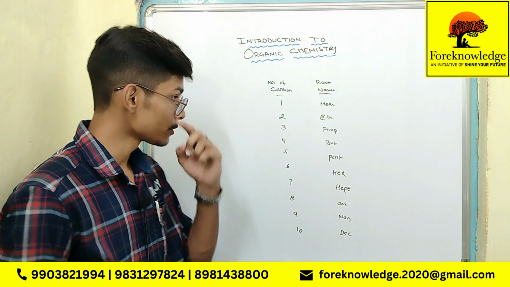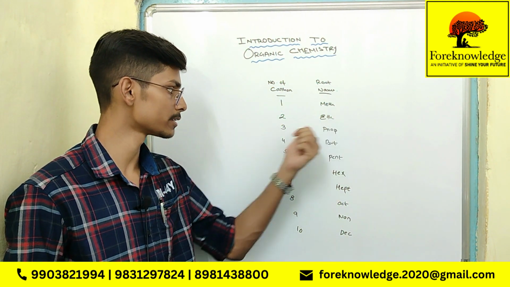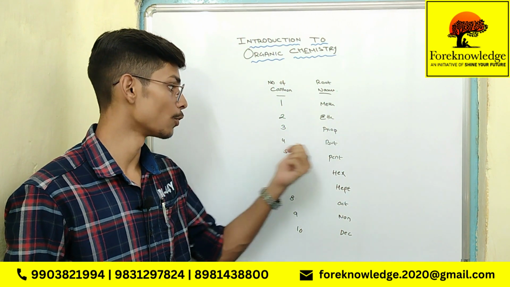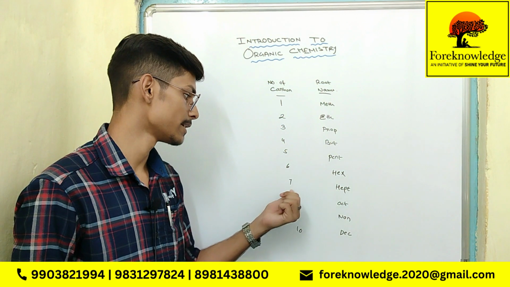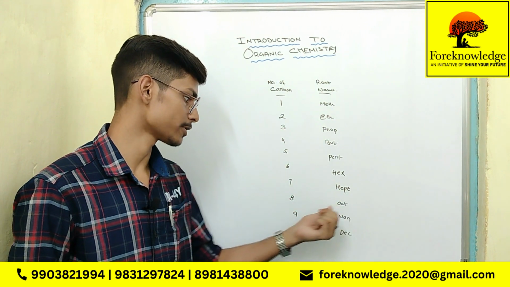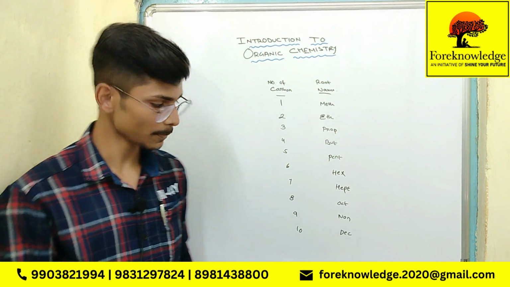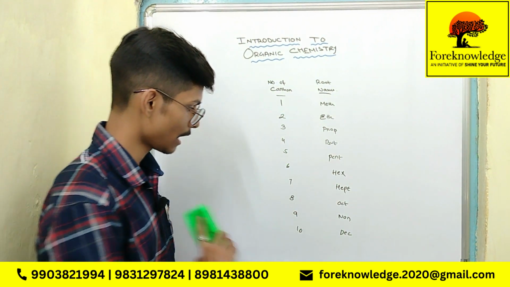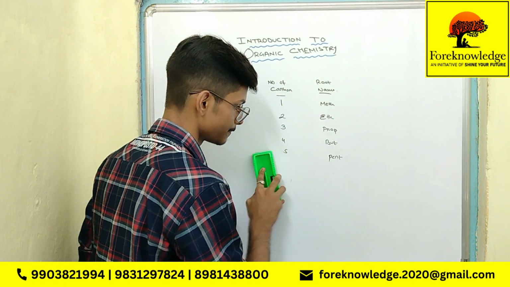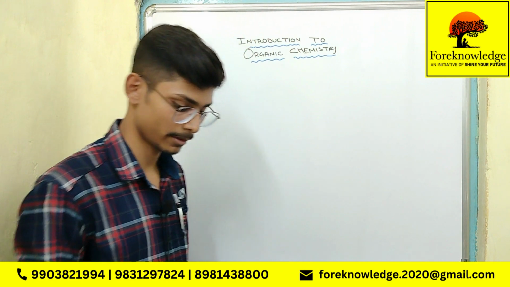So when the number of carbon is 1, it is known as meth, 2 eth, 3 prop, 4 but, 5 pent, 6 hex, 7 hept, 8 oct, 9 non, and 10 dec. I hope it is clear. I am erasing it. You have to memorize this thing, okay?